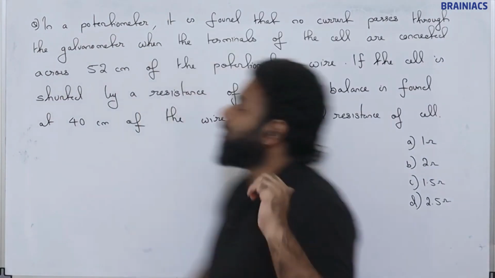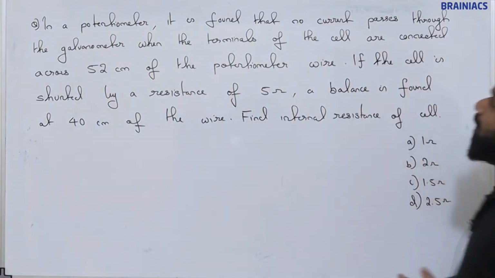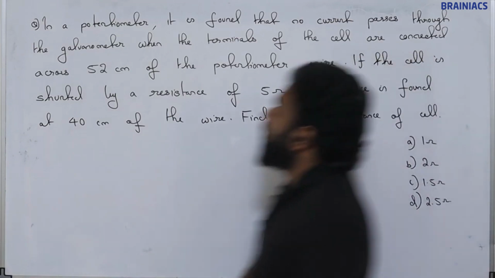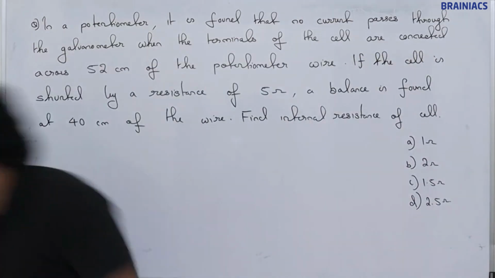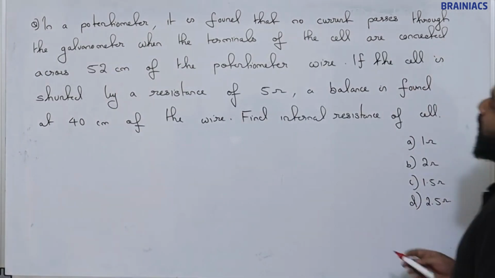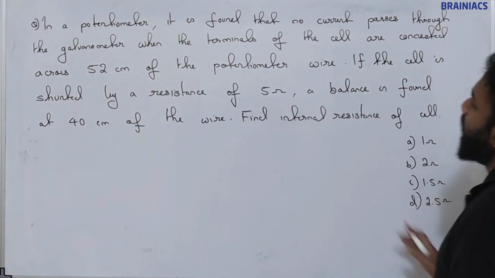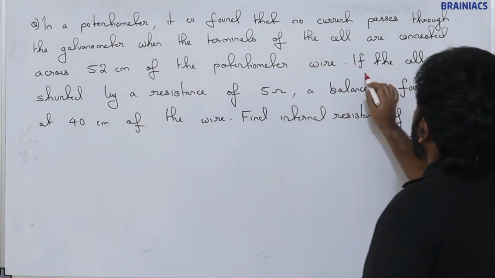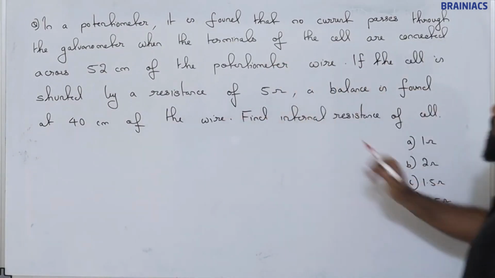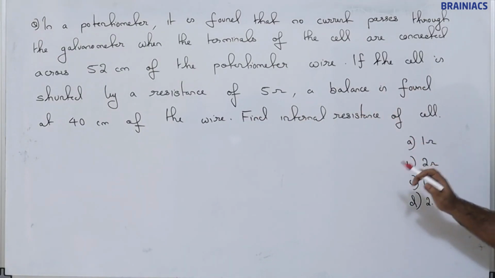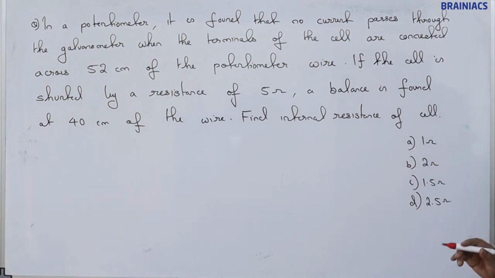Read this question. In a potentiometer, it is found that no current passes through the galvanometer when the terminals of the cell are connected across 52 centimeter of the potentiometer wire. If the cell is shunted by a resistance of 5 ohm, balance is found at 40 centimeter of the wire. Find the internal resistance.